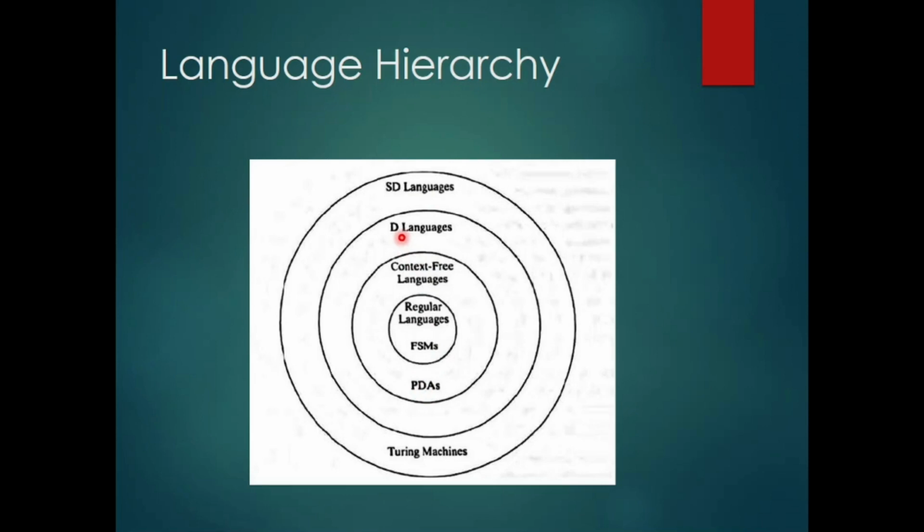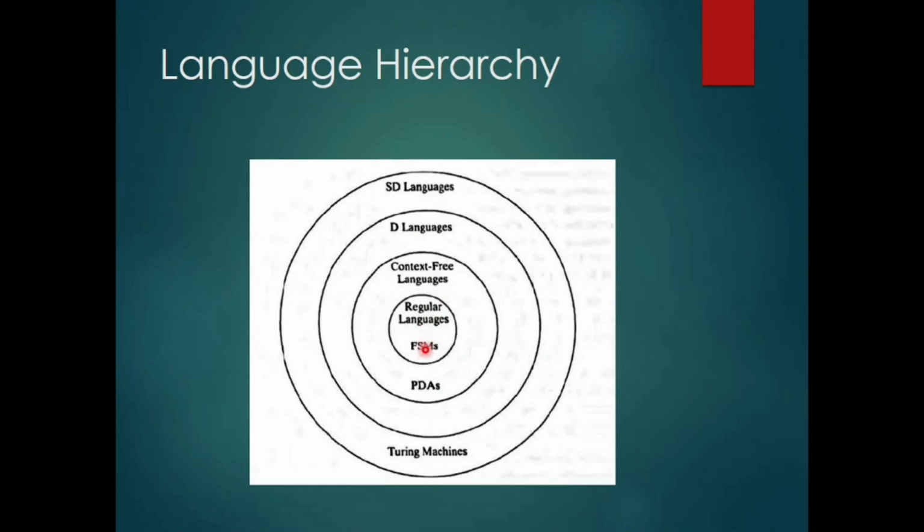These are decidable languages and semi-decidable languages, which have to be solved using LBA or Turing machines. The Turing machine is the ultimate computing machine which can solve any given problem. Regular languages can be solved using FSM.